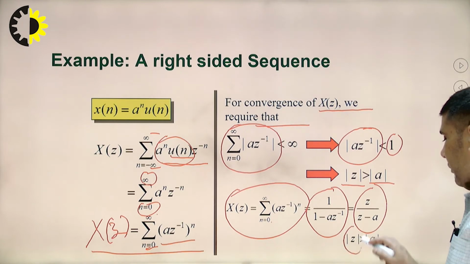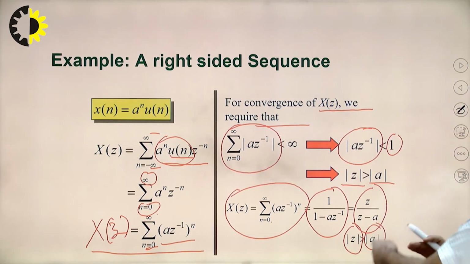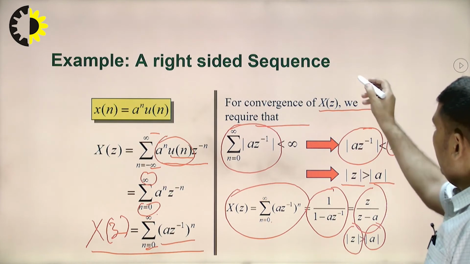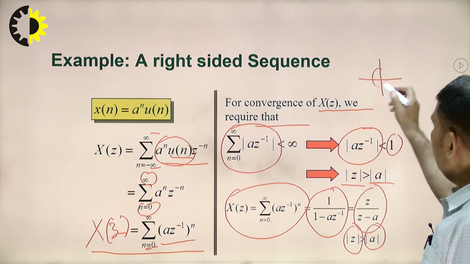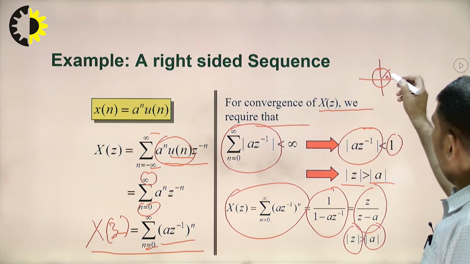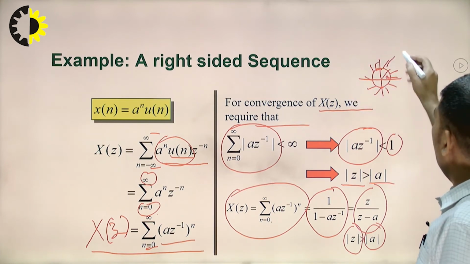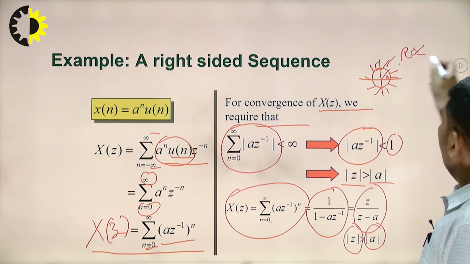Here |z| must be greater than |a|. This is the ROC, meaning the area outside a circle having radius a. This is the ROC of the right-sided sequence.